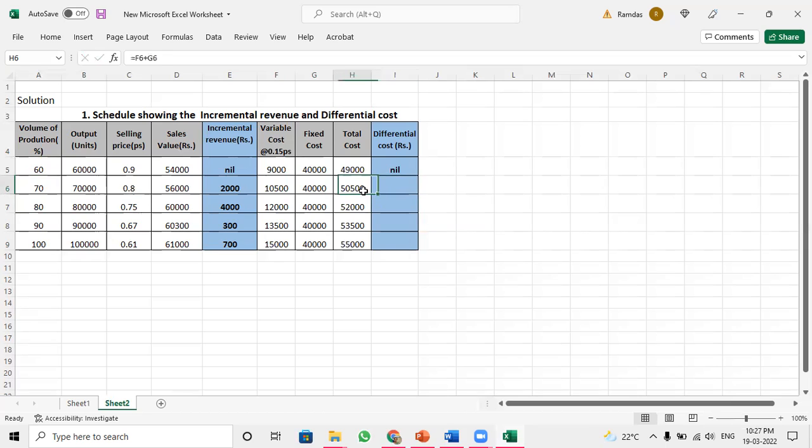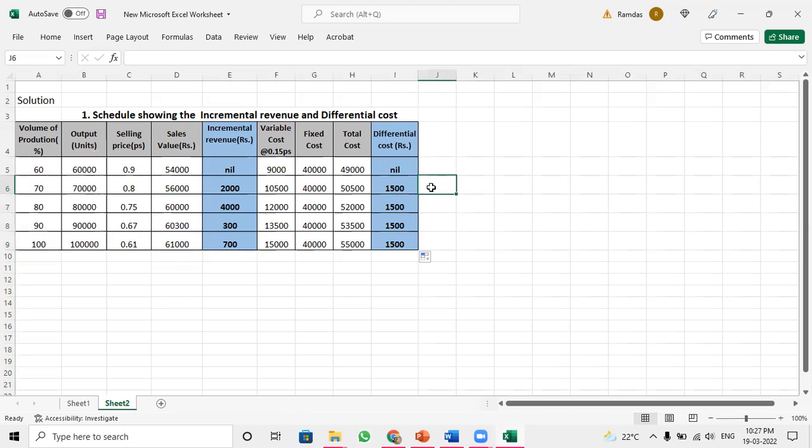When you compare the total cost of 70% with 60%, you get 50,600 minus 49,000, equal to 1,600. I use the same formula for the rest.